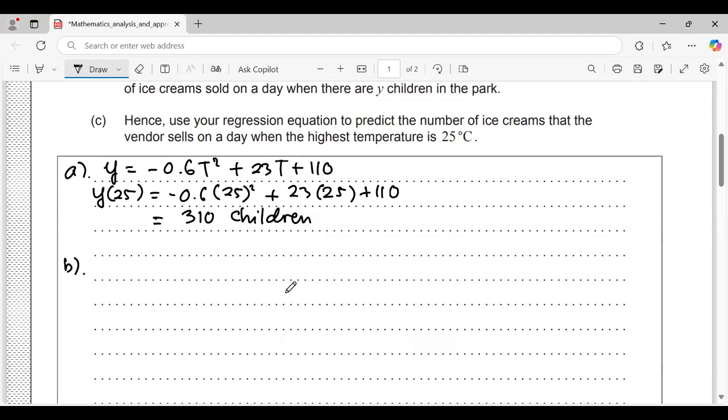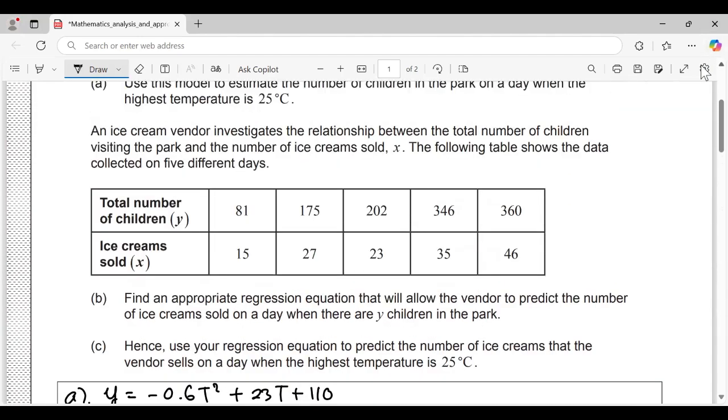B. An ice cream vendor investigates the relationship between the total number of children visiting the park, y, and the number of ice creams sold, x. The following table shows the data collected on 5 different days. This is the data on this table, y and x.